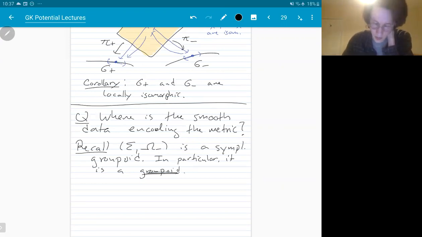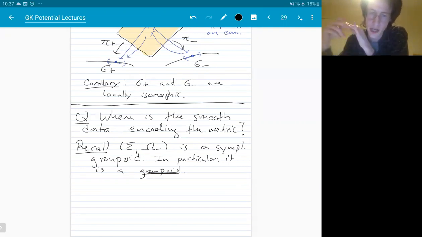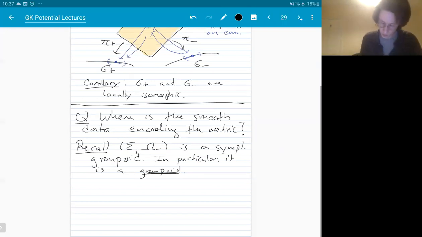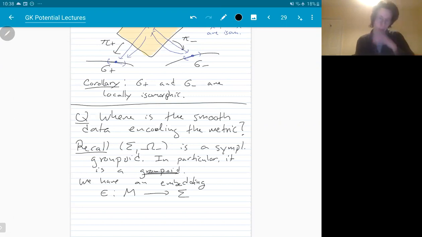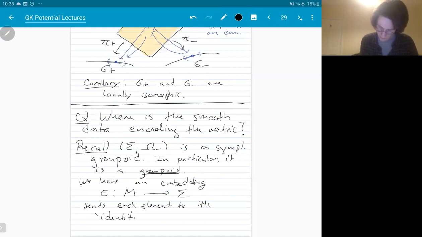You can think that it's defining a category, where the arrows in the category are the points of sigma, and the objects of the category are the points of M. So what this means is that we have an embedding epsilon from M to sigma, which sends each element to its identity arrow.